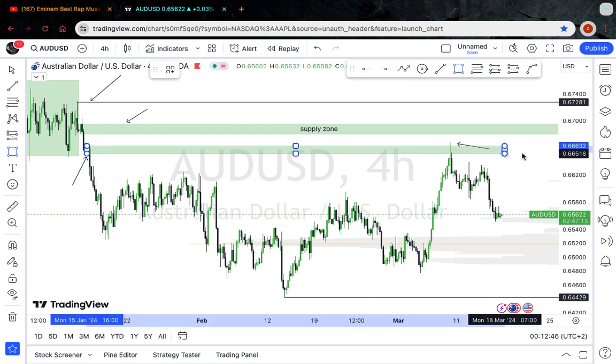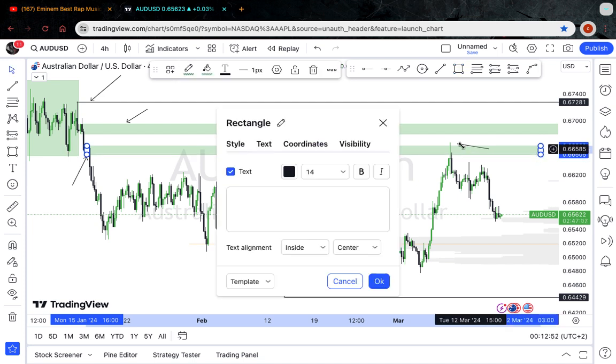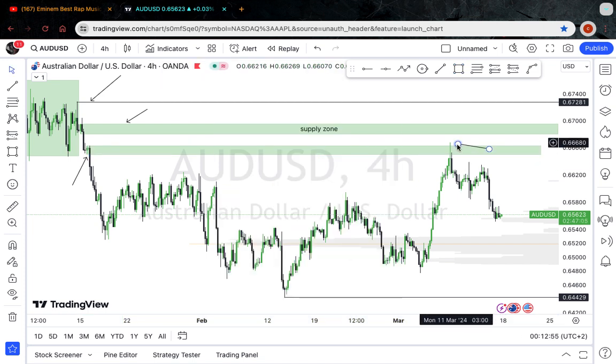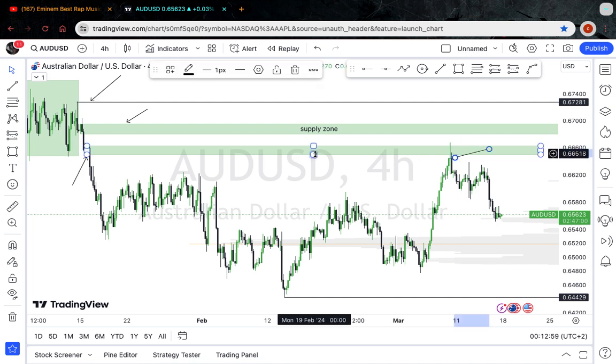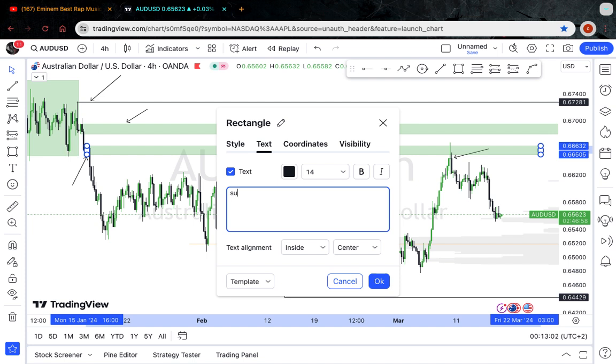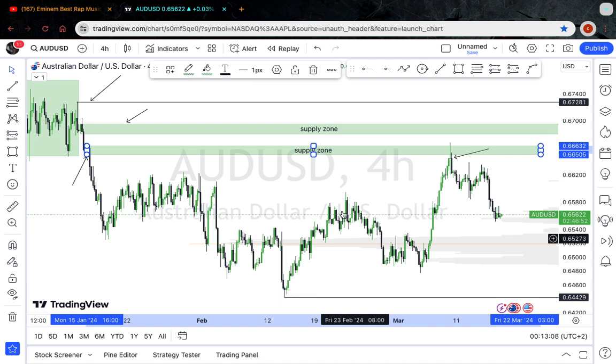You will see that the market did test the second supply zone and then it broke below it, which is here. It broke below this second supply zone, meaning the market respected that second supply zone. That's why the market is now pushing to the downside.